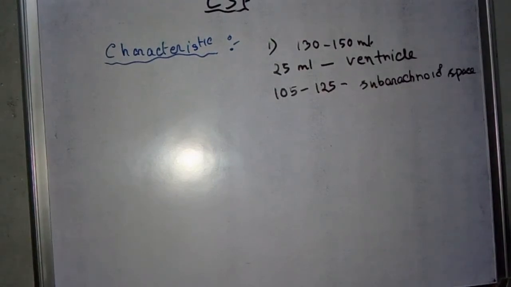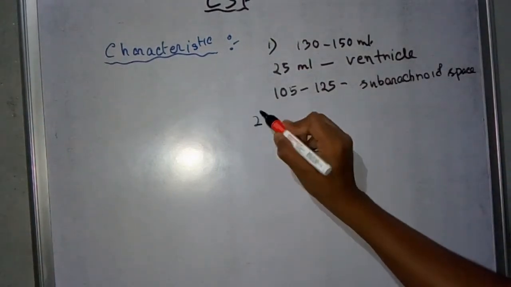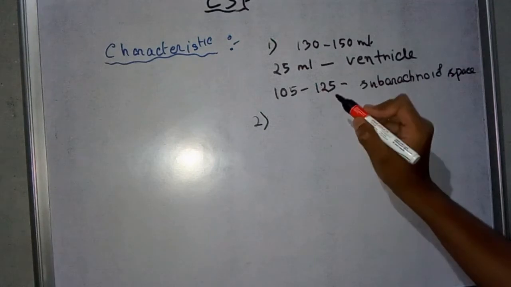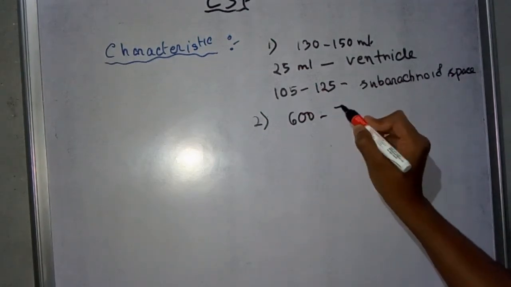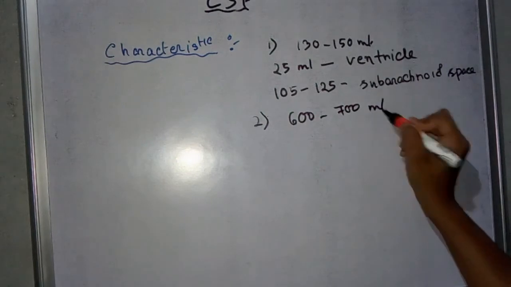And the daily rate of production is 600 to 700 ml.